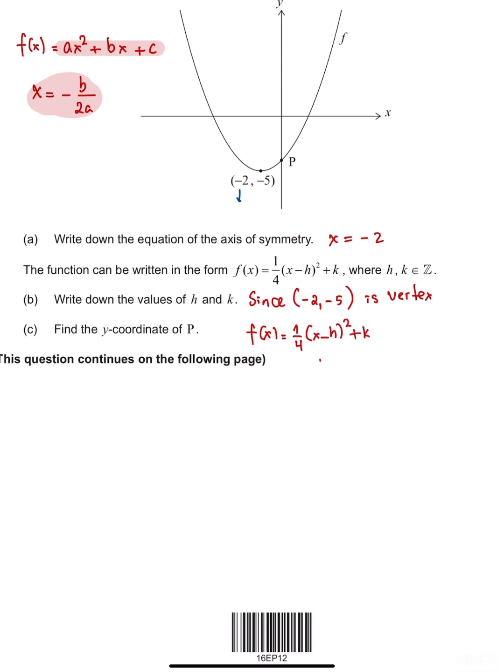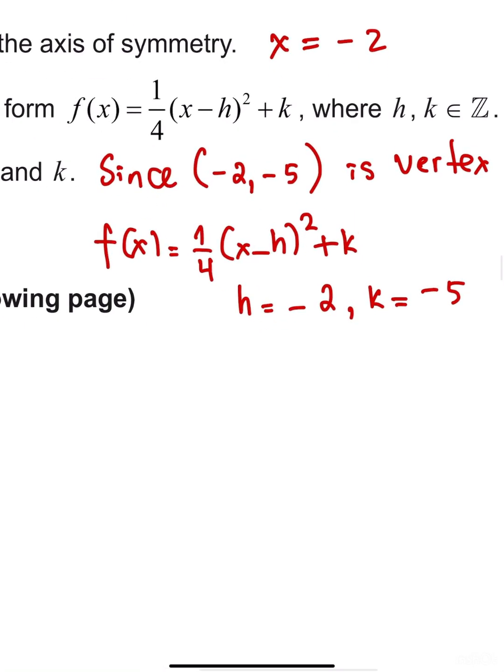So h equals negative 2 and k equals negative 5. That's all. h and k represent the coordinates of the vertex if and only if the function is written in this form.